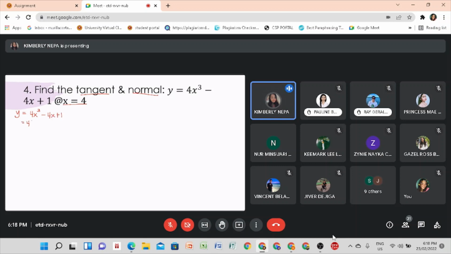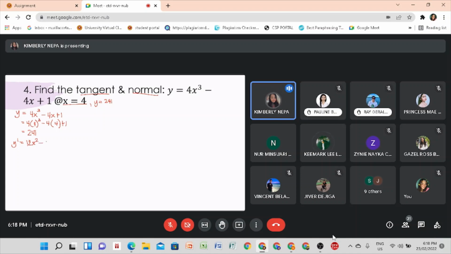So this would be 4 times 4 cubed minus 4 times 4 plus 1. How much is it? 241, po. 241. Okay. So that is our y, meaning y here is equivalent to 241. For the y prime, we derive directly. 4x cubed is 12x squared, correct?